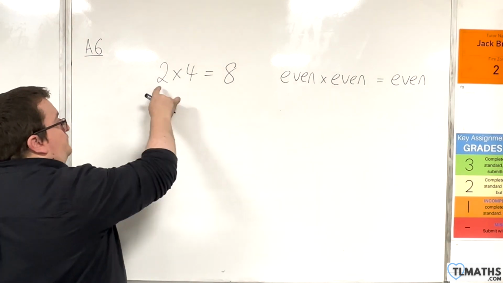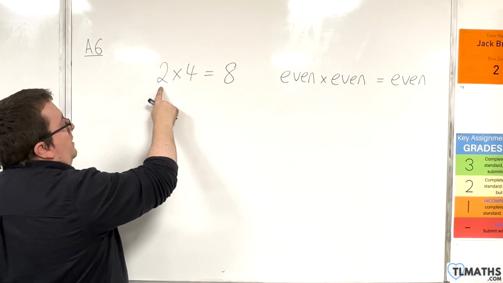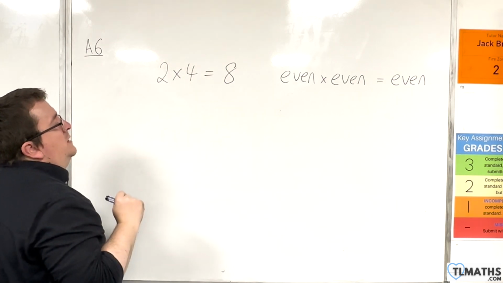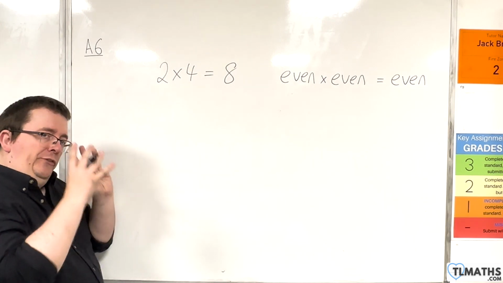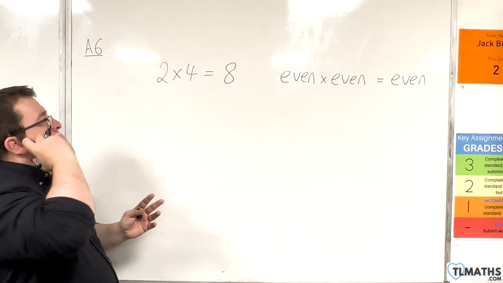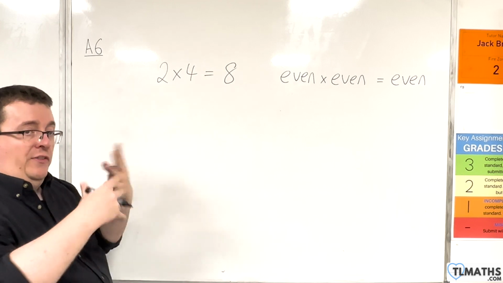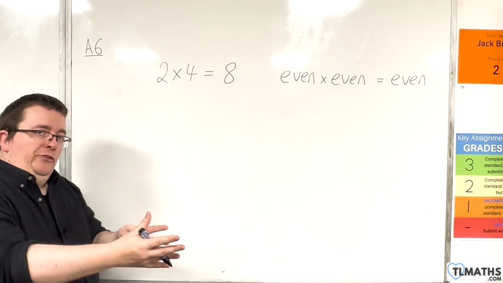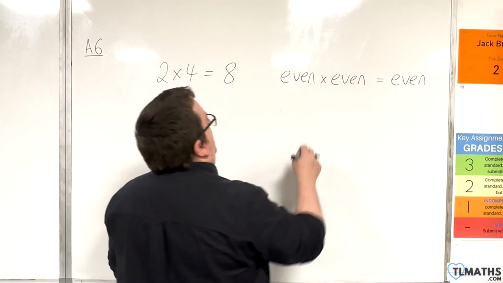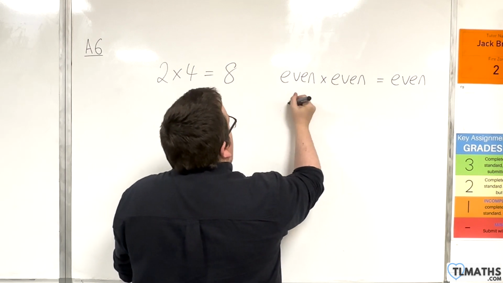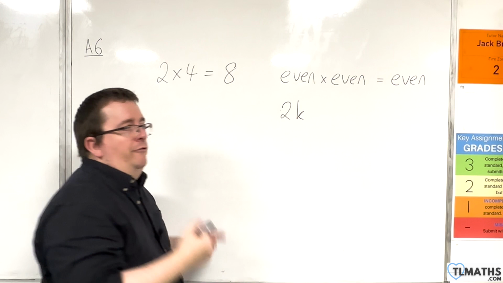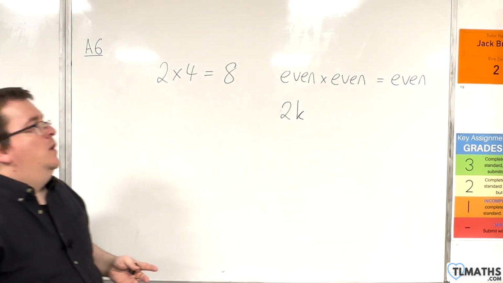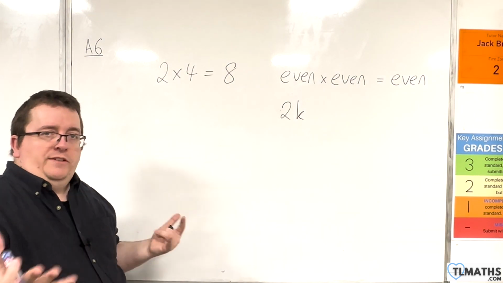First of all, if you have an even number, like 2 or 4, then you can write that as 2 times something, okay? Because 2 and 4, because they are even, are multiples of 2. So I would be able to write an even number as 2 times k, for example, where k is an integer.